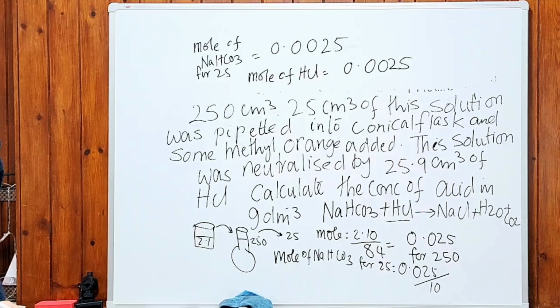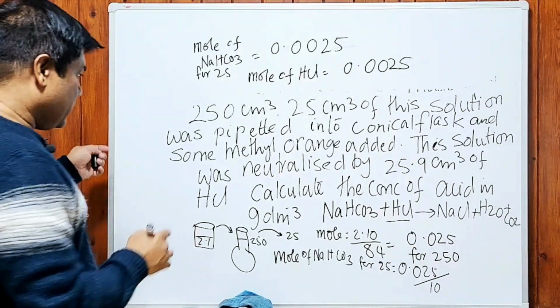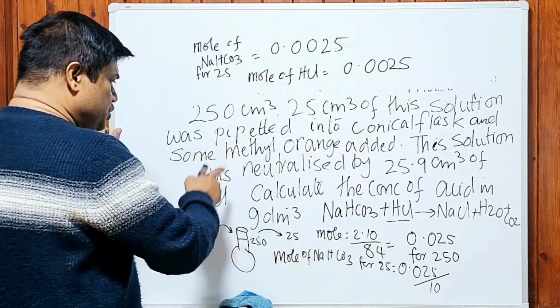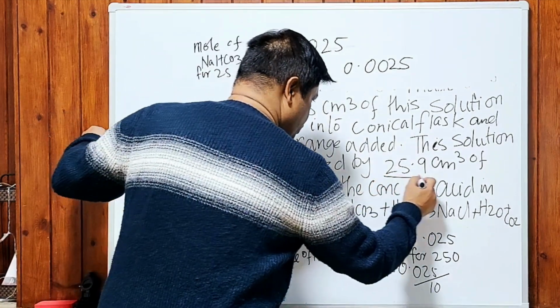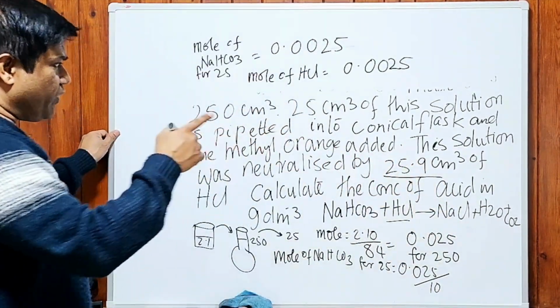Okay. And when we neutralized, we got this volume. That's the volume of HCl.